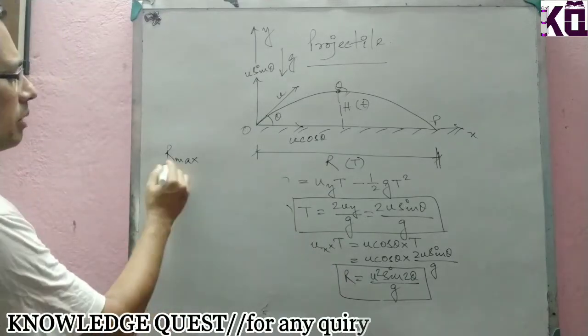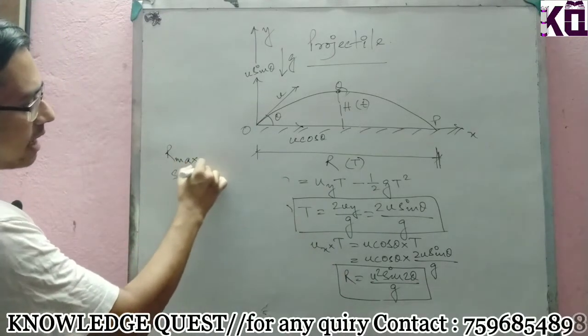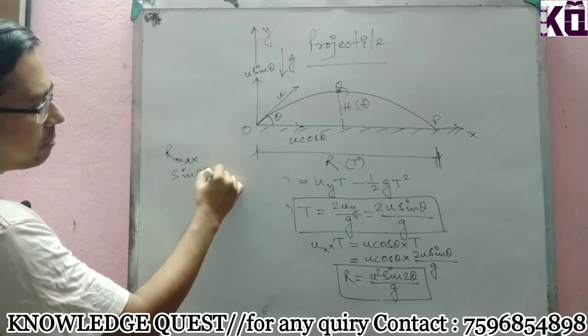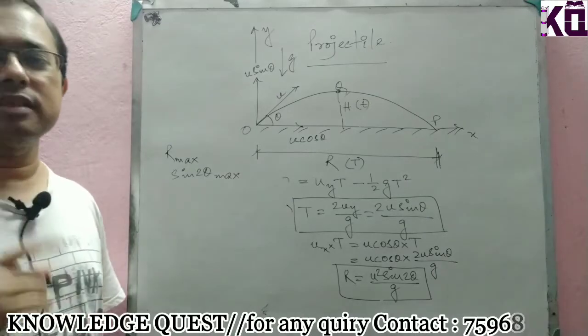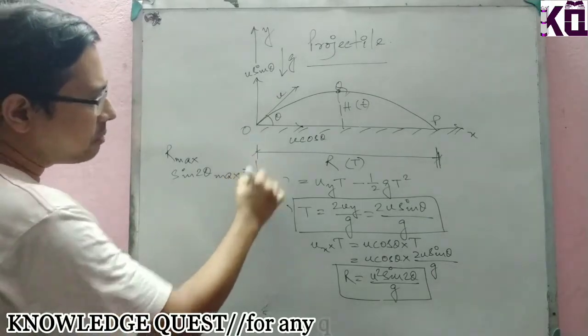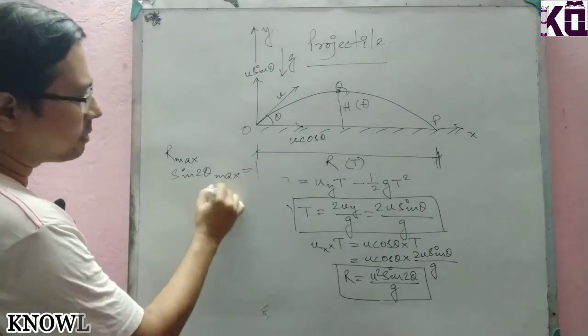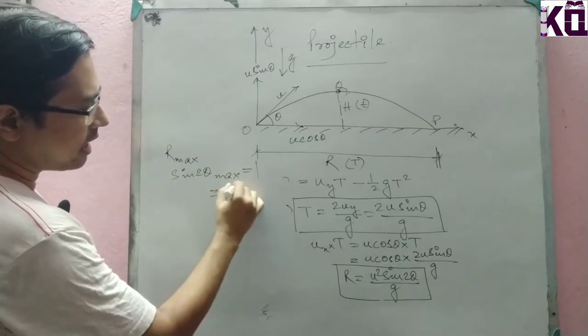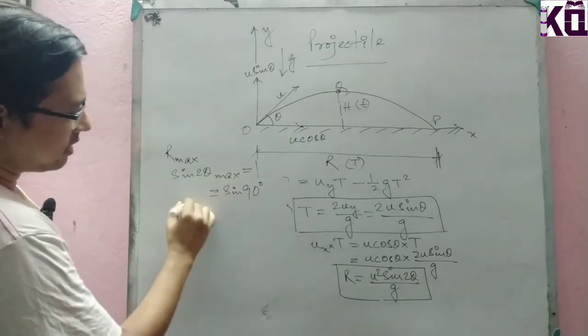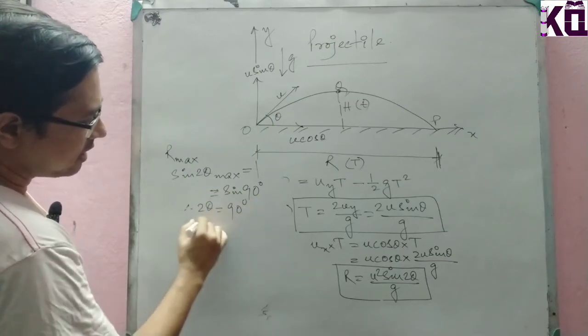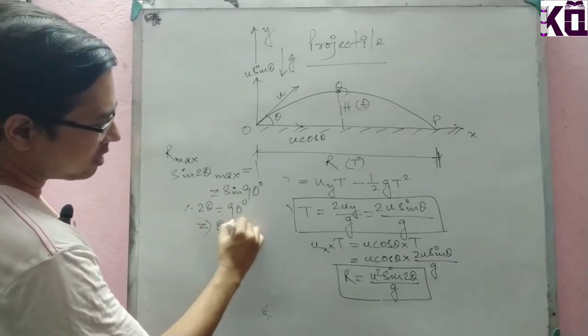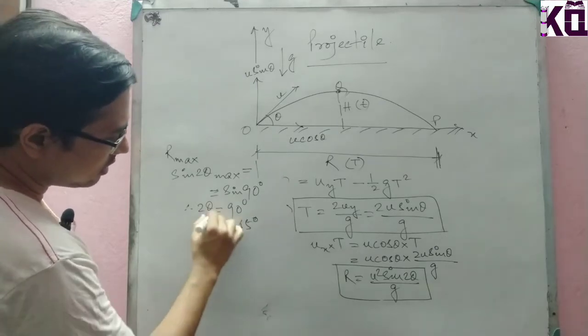So the question now becomes sine 2 theta max. But we know the maximum value of sine is 1. That means it becomes sine of 90 degree. Therefore 2 theta becomes 90 degree and theta becomes 45 degree.